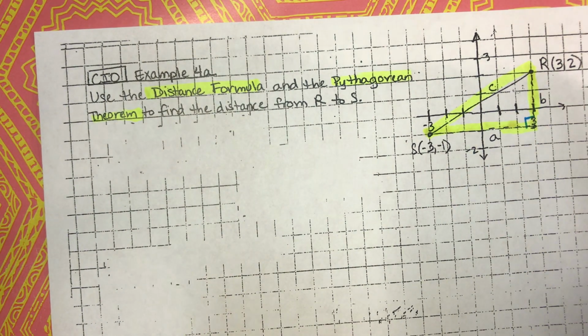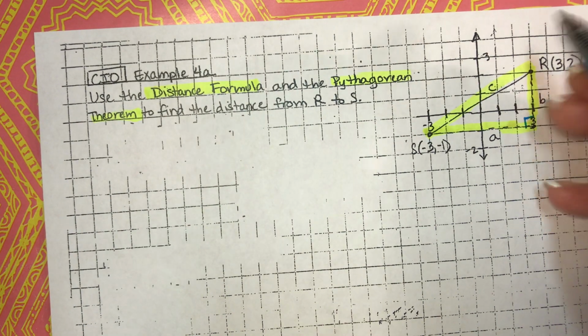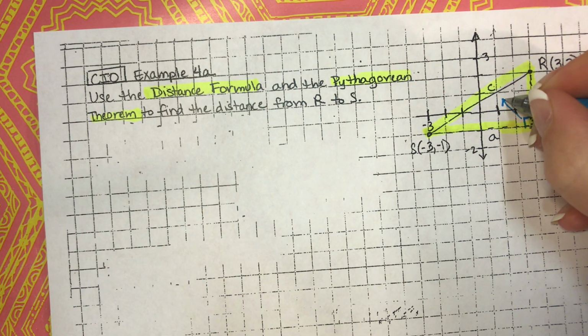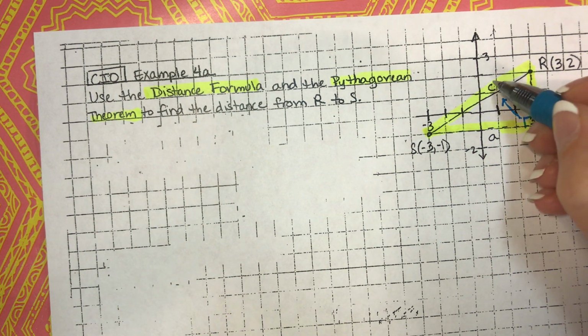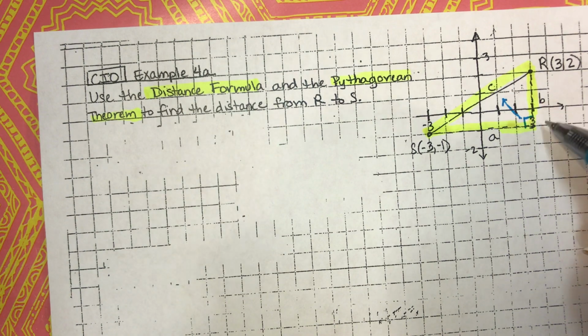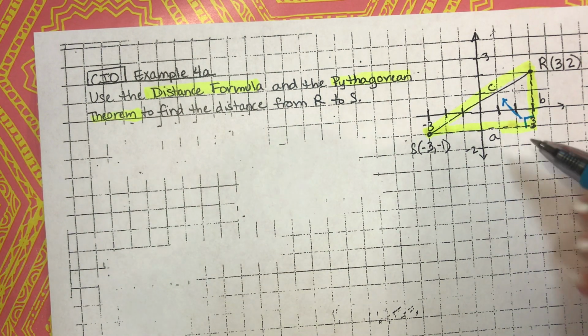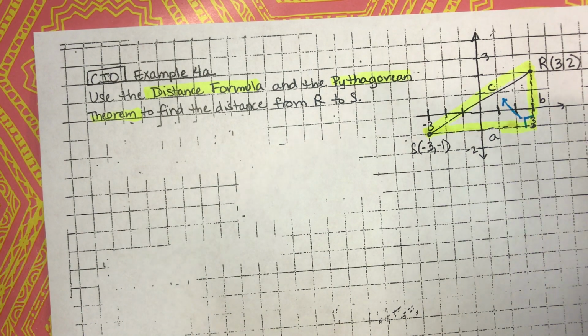So here's my right triangle, and since I have a right triangle, I can use the Pythagorean theorem. This side that's directly across from my right angle, remember that's the hypotenuse, which is the distance that we're trying to figure out, and we're going to call that C, and the other two sides are the legs, A and B.